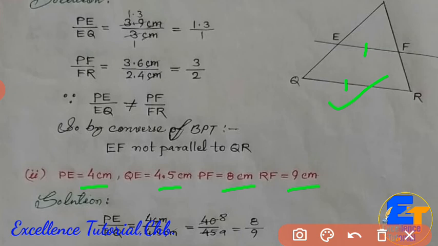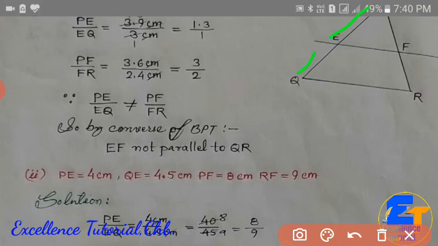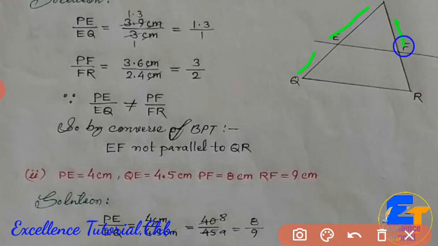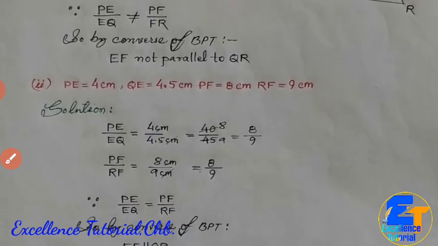It is very simple, and the same way, just like the first solution, you can find out the ratio of each part, that is the left part ratio as well as the right part ratio. So see, PE upon EQ we have written here, we calculated the ratio of PE upon EQ.